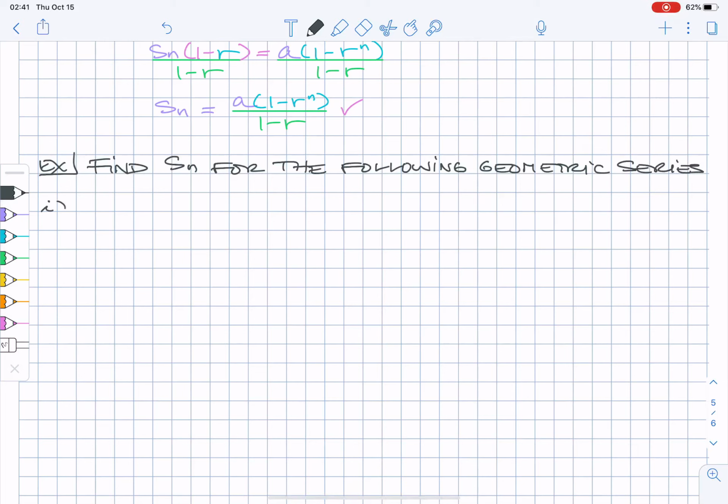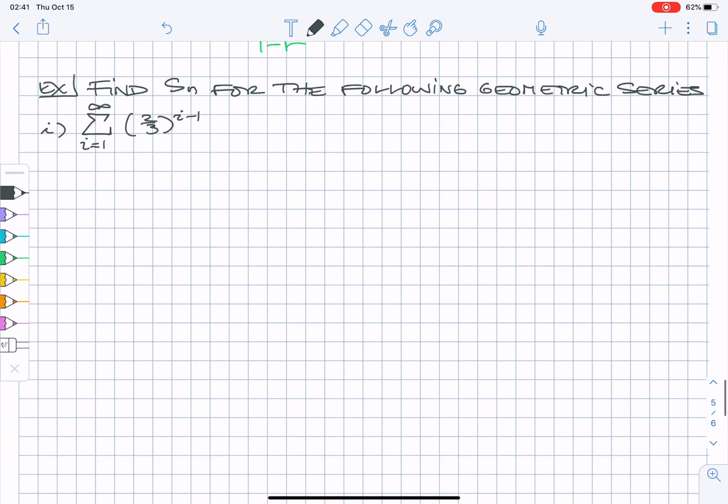So number 1, let's say we have the sum sigma, as my index starts counting at 1, goes on forever, of 2/3 to the index minus 1. And let's say we want to find the fourth partial sum.